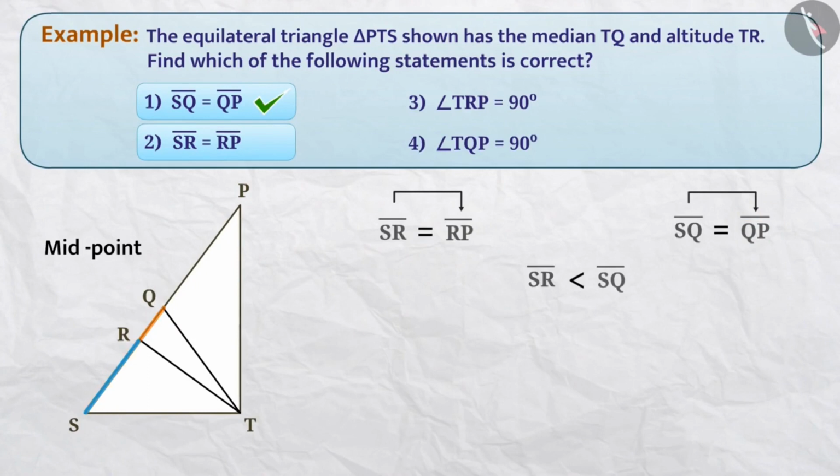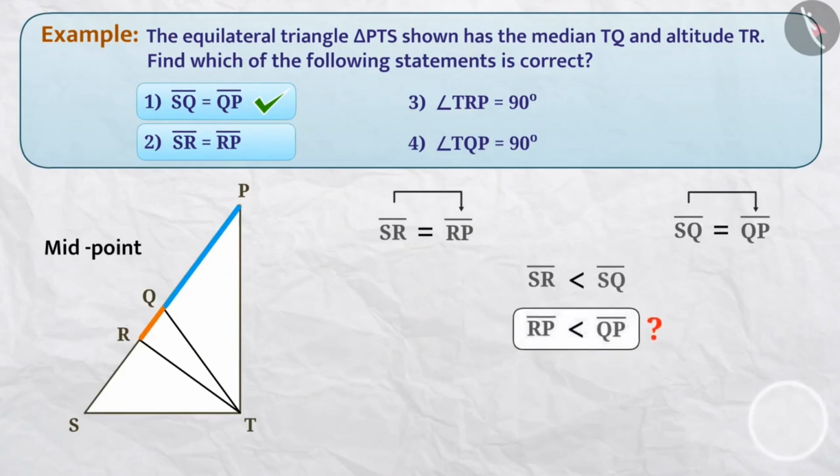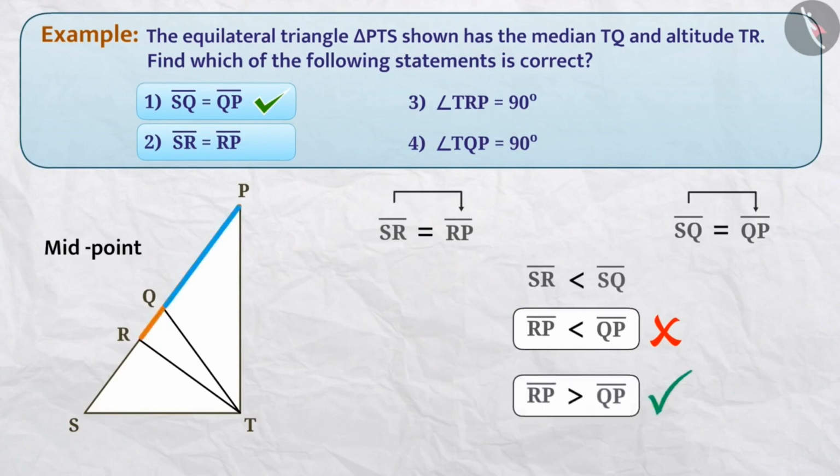Then tell us, is the inequality RP smaller than QP true? Think about it. Absolutely right. It is not true. Looking at the figure, we can say that RP is greater than QP here. From this, we can say that SR is equal to RP is an incorrect option.